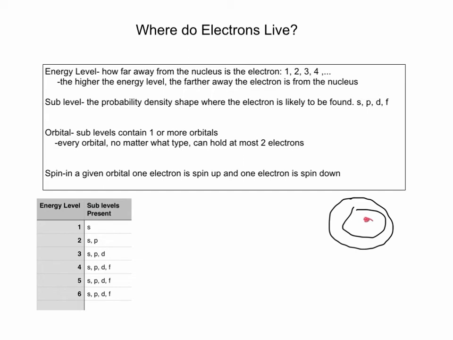So if we look at this chart, in energy level 1, lowest energy, closest to the nucleus, we can only have the S sublevel. The second energy level has room for more, so we can have an S sublevel and a P sublevel. The third can have an S, P, and D sublevel. And lastly, the fourth energy level can have S, P, D, or F. Everything higher than 3, so 4 and up, can have S, P, D, or F.